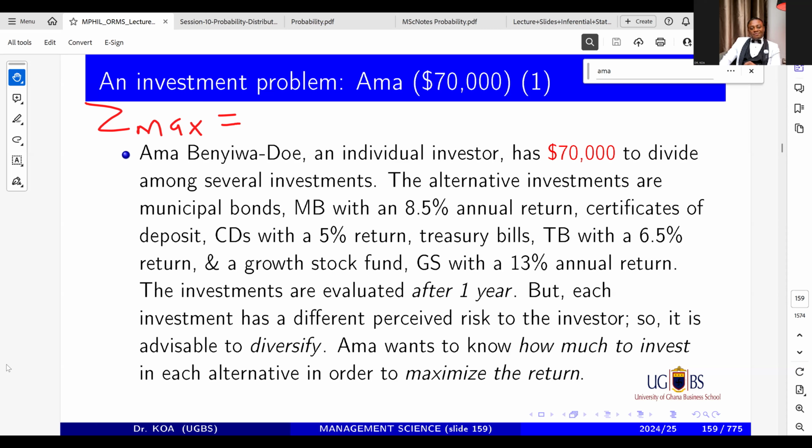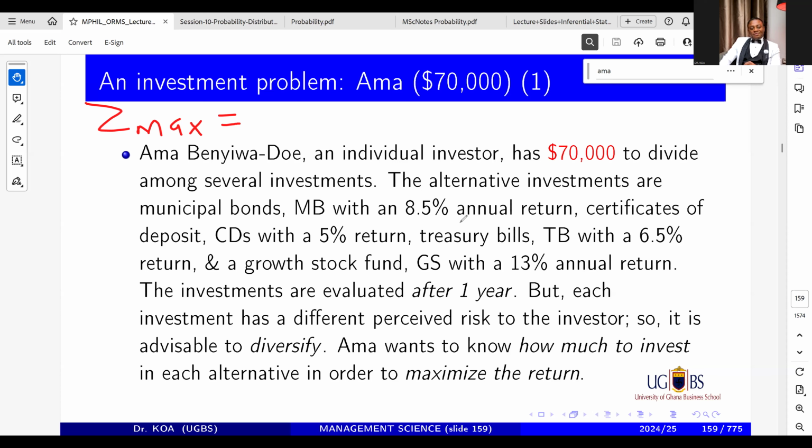You take each coefficient. And by the way, which ones are the coefficients here? What are the coefficients? The story is basically in front of you. The coefficients are the interest rate.